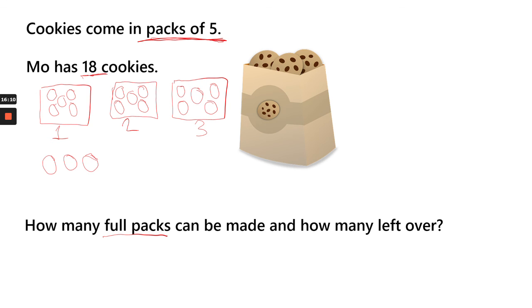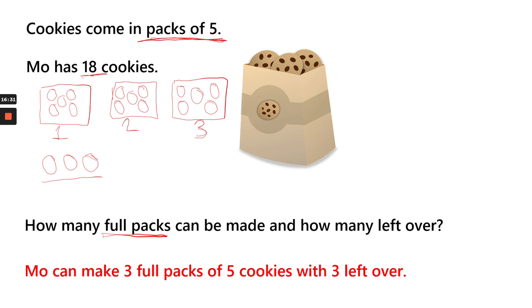So how many bags of cookies did we have? How many full packs of cookies do we have? 1, 2, and 3. So we have 3 bags of cookies. How many do we have left over? 3.